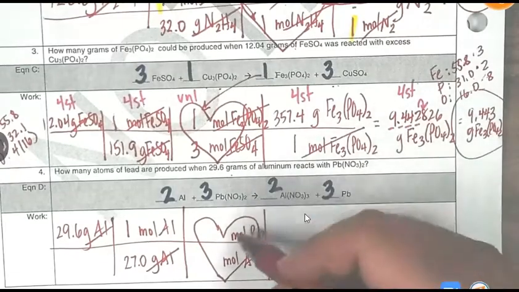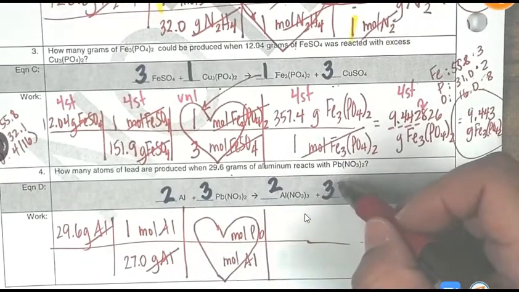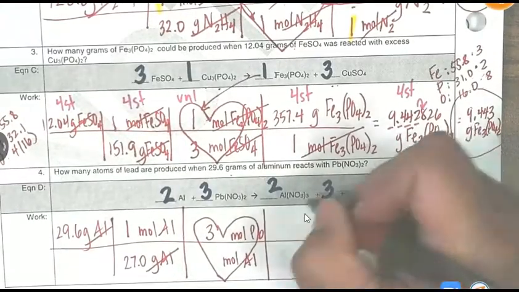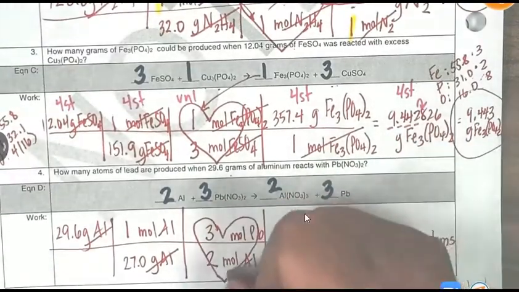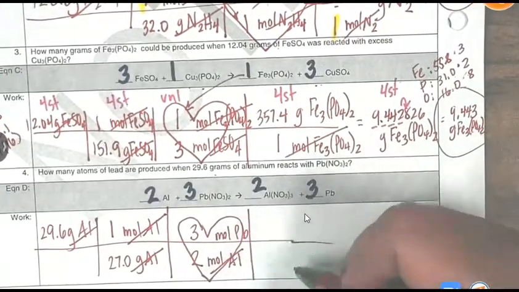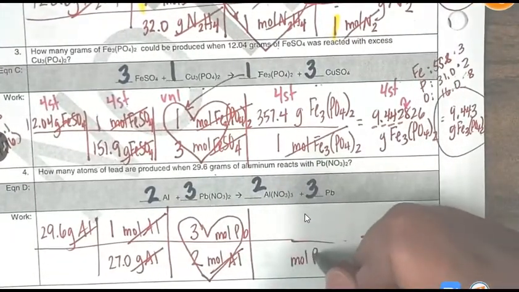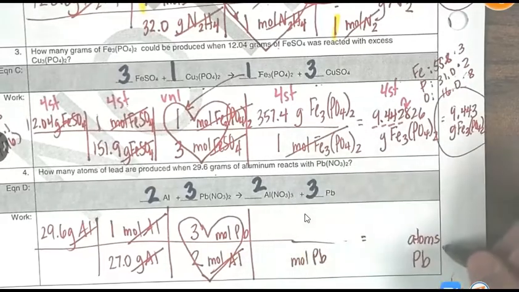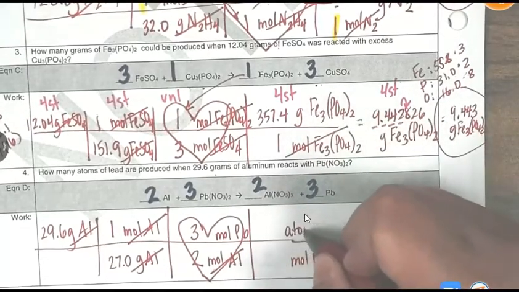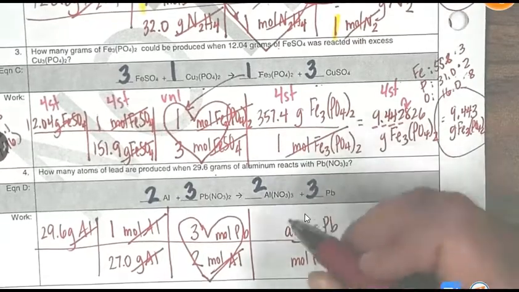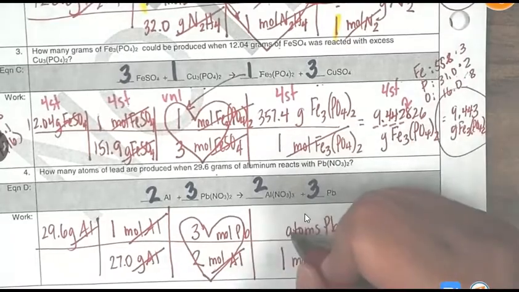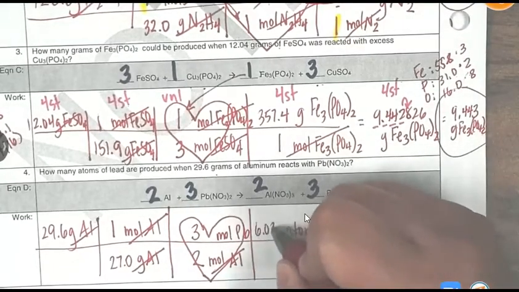Now, what goes here? Coefficients from the balanced equation. 3, because 3 is in front of Pb, 2 in front of Al. Moles of Al cancel. I want to cancel mole of Pb, so that goes down here. I'm trying to find atoms, though, not mass, atoms. Atoms of Pb. So these are particles. 1 always goes with the mole outside of the mole to mole ratio. These are particles. That's Avogadro's number.